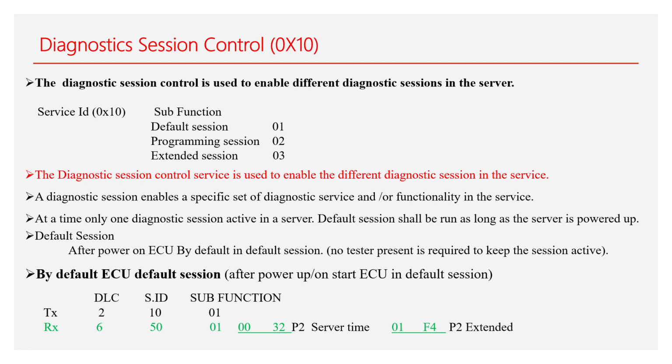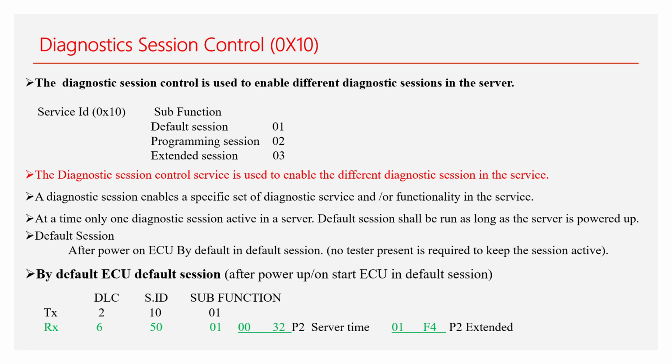Coming from default to programming session, we can dump the program or flash into the ECU in the programming session. In the default session we can't upgrade or dump the program, because this is the starting condition.